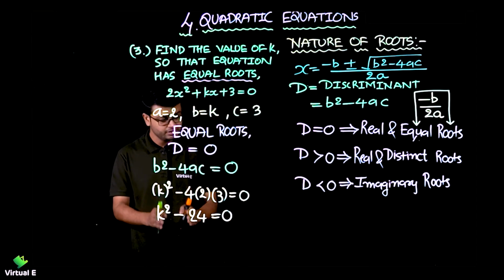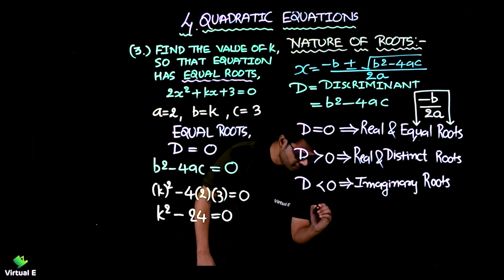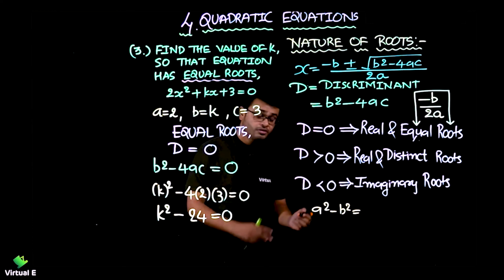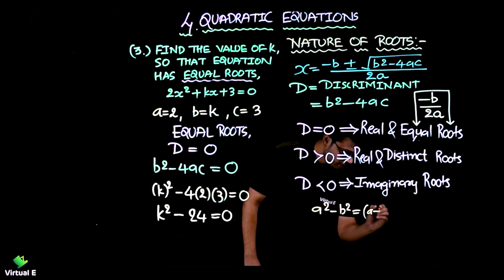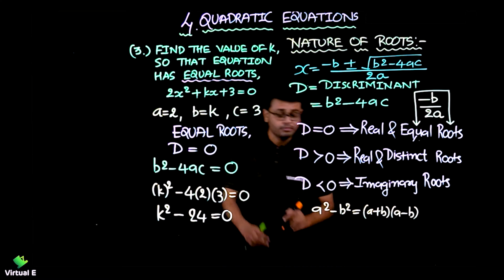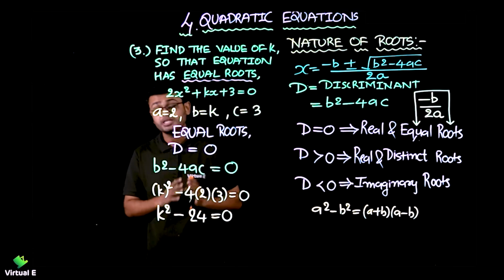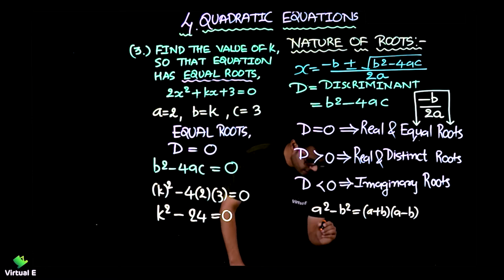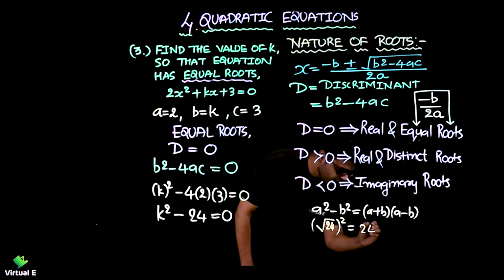I am going to convert this equation into the form a square minus b square, so the factors will be a plus b and a minus b. But you must be thinking 24 is not a perfect square, so how to deal with it? Here I can write square root of 24 whole square is equal to 24.